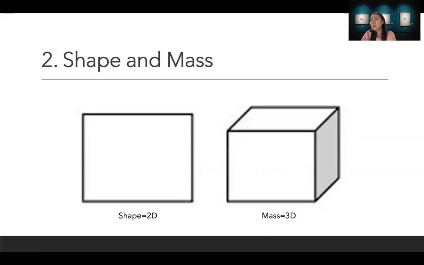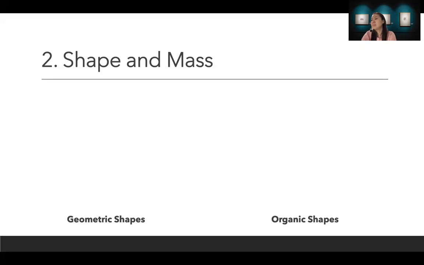Each shape within the image occupies an area with identifiable boundaries. And boundaries may be created by line. And a mass, the right one, is a 3-dimensional form that occupies a volume of space. It consists of width, height, and depth.